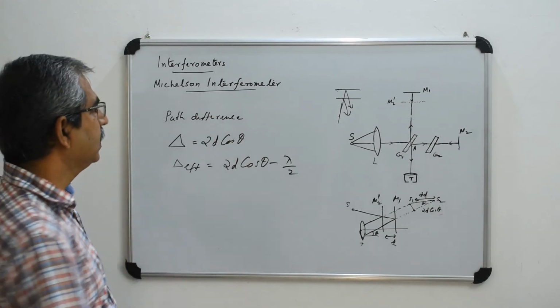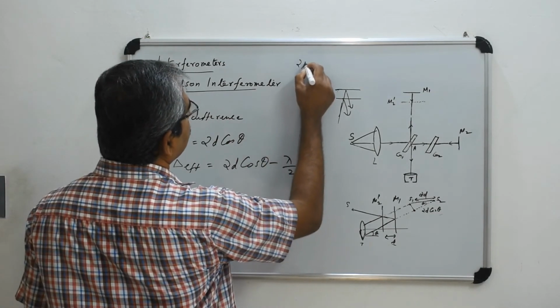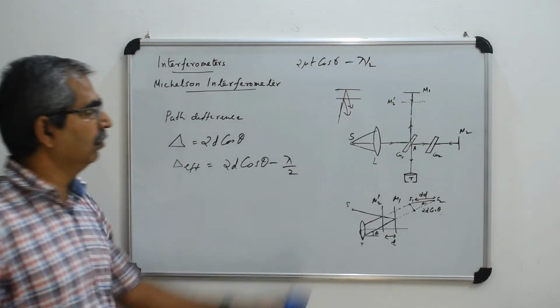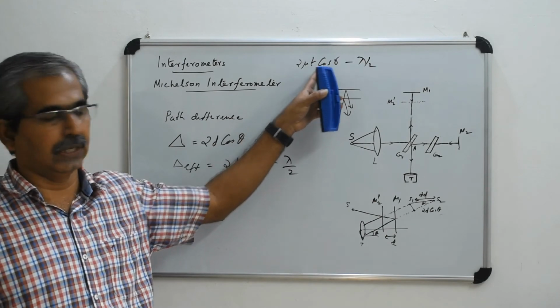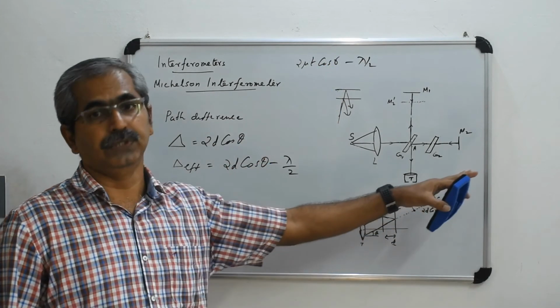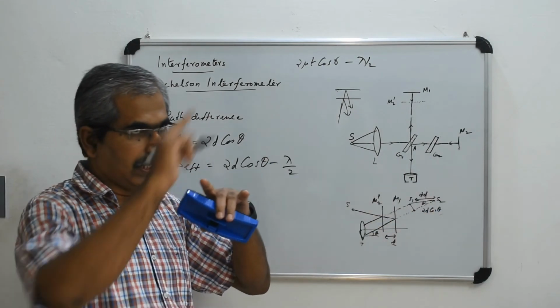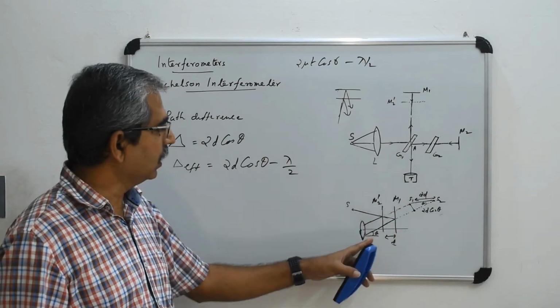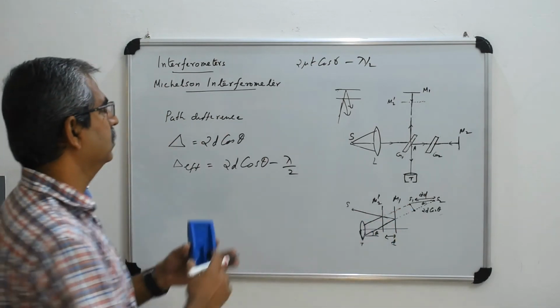In that case the equation was 2 mu t cos r minus lambda by 2, where r is the angle of refraction, whereas in this case theta is the angle of observation, the direction in which you are looking. That angle of observation is called theta here.